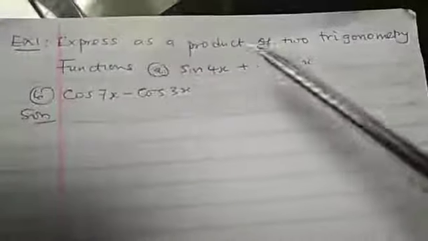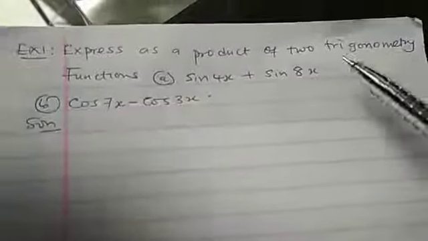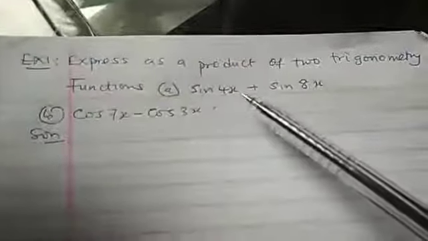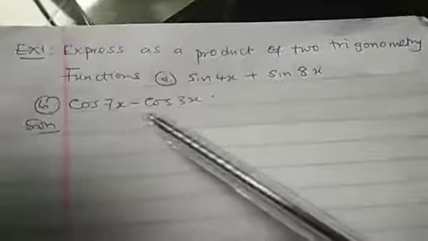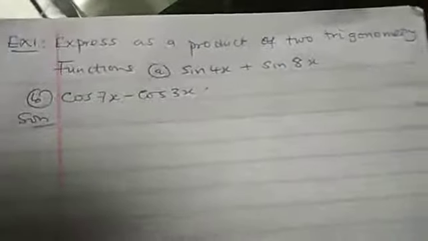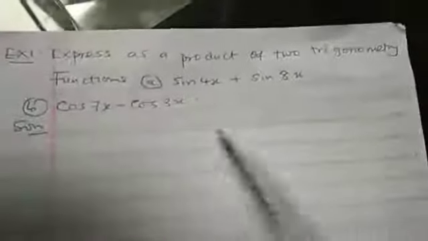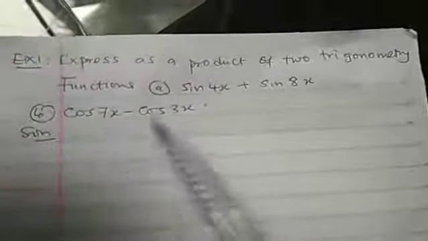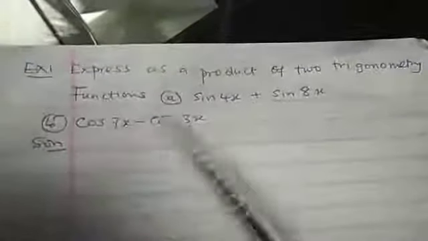Now let's take an example on how to use this formula. Look at this example. Express as a product of 2 trigonometric functions: sin 4x plus sin 8x, and cos 4x minus cos 3x. When we are adding 2 sines together, or subtracting cosines, that is when we apply the addition formula.